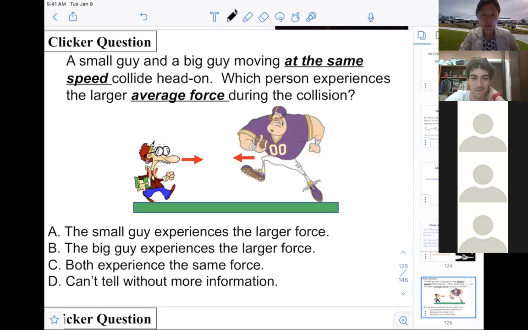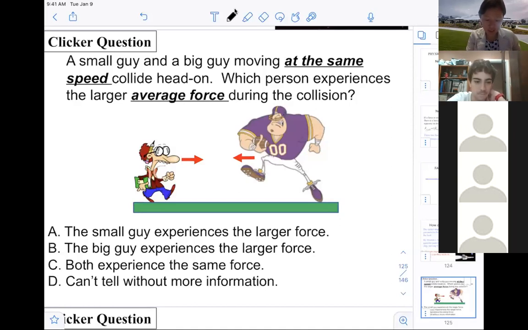But the little guy has his reaction force, the small arrow pointed in the opposite direction, and he has the big arrow from the big guy. And then the big guy has the opposite of the little guy's arrow and his reaction arrow. So that's why I think they're the same overall in terms of magnitude, not direction.